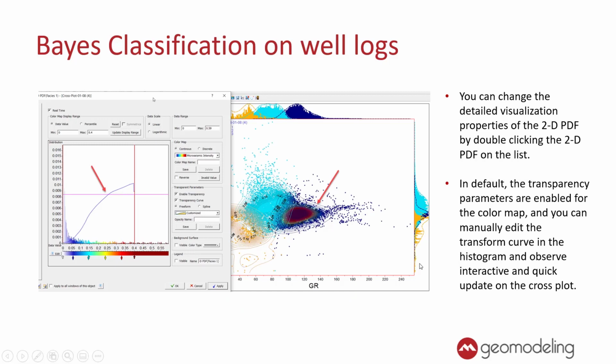You can also change the detailed visualization properties of the 2D PDF by double-clicking the 2D PDF on the list. By default, the transparency parameters are enabled for the color map, and you can manually edit the transform curve on the histogram and observe interactive and quick update on the crossplot.